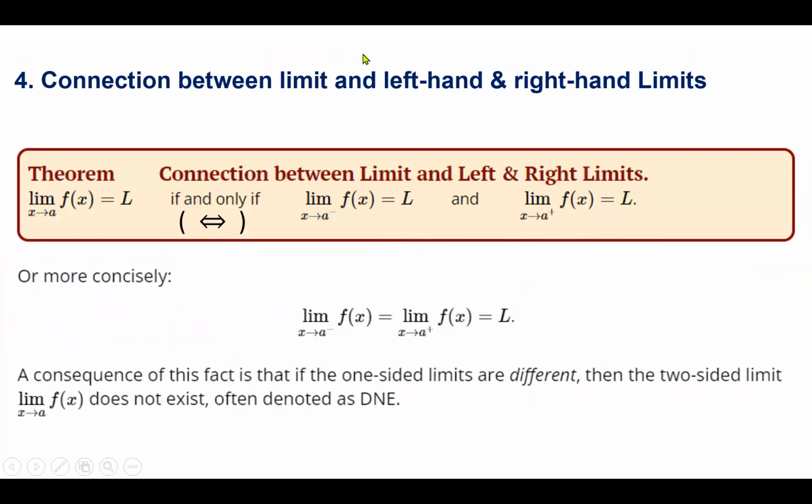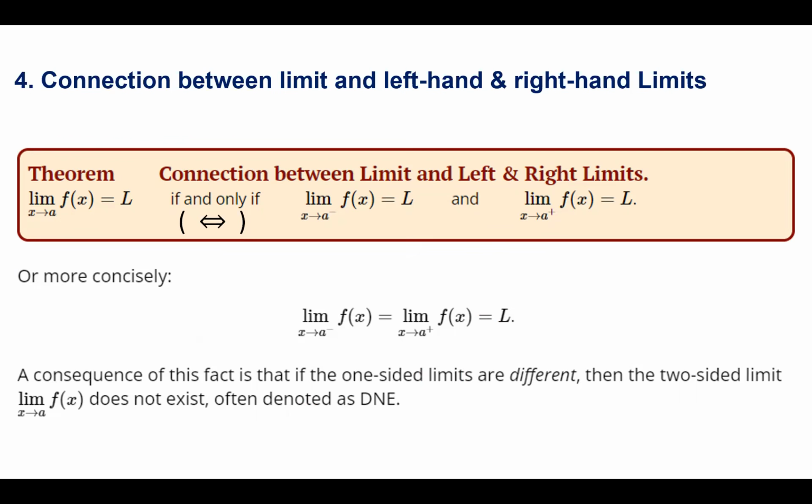All right, then next, because we just talked about the left-hand limit and right-hand limit, now let's have a look at the connections between the limit and the left-hand and right-hand limit. We have a theorem about this relationship.